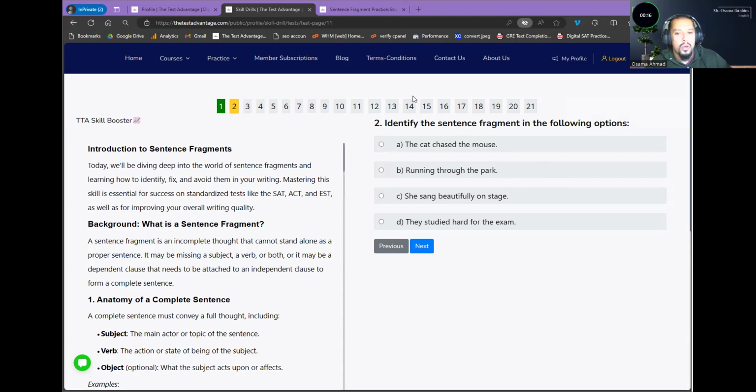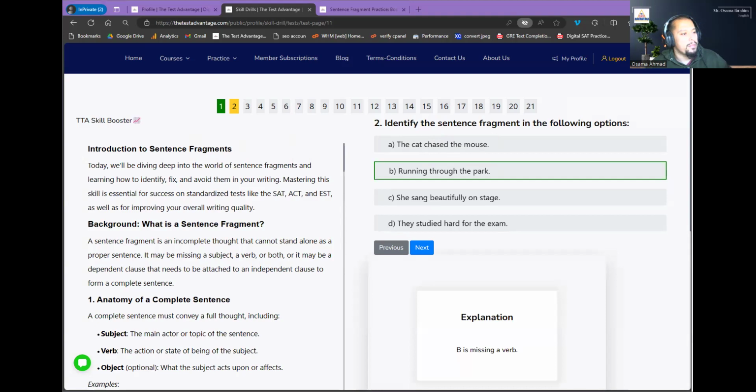Hanya, no. Look at this, Hanya. "The cat chased the mouse." We have a subject, we have a verb, it's a complete thought. "Running through the park," answer B. Who was running? Not Afsh, right? So answer B is the fragmented idea.